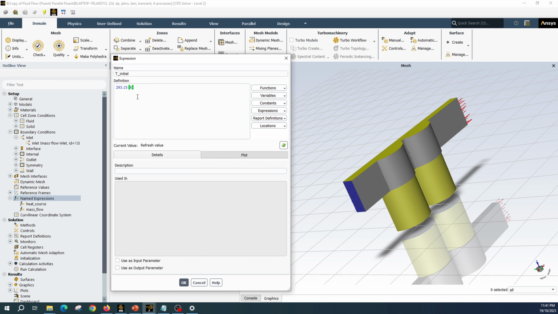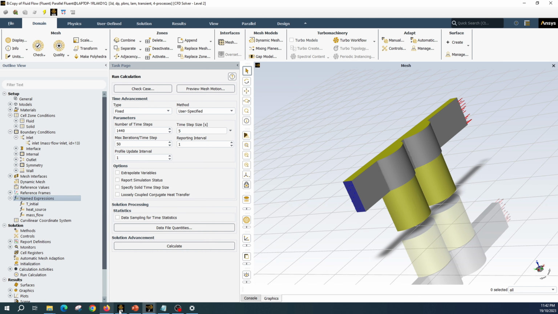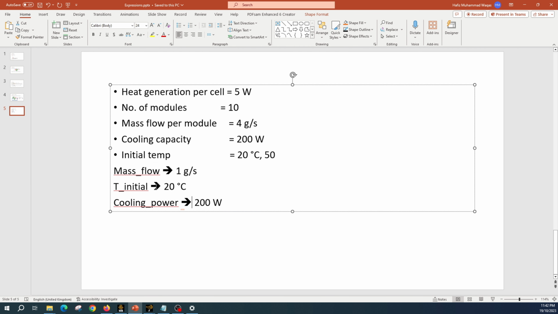So 20 degree is 293.15 Kelvin. I think you can also do like that 20 degree, and it will convert it into Kelvin by itself. Okay, it doesn't recognize small c, capital yes. So it will convert it into Kelvin. We have defined all these three parameters: mass flow, T initial, and cooling power.